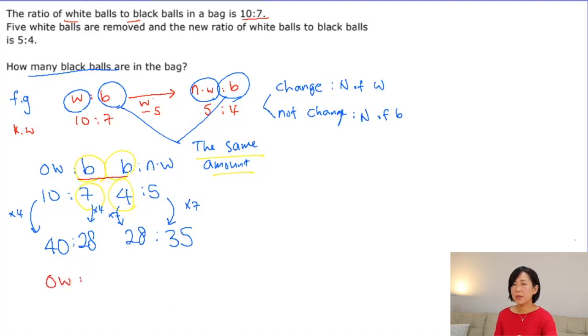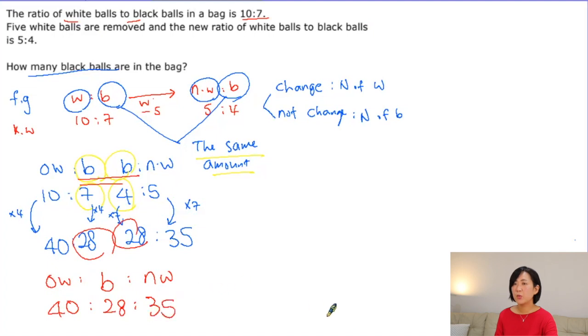Now, what we're going to do is make the 2-term ratios into a 3-term ratio because we've got the black ball, and those are the same amount. So old white ball, black ball and new white ball, the ratio between them is 40 to 28 to 35.